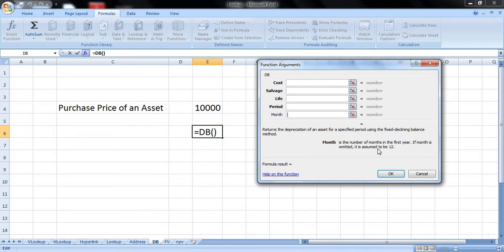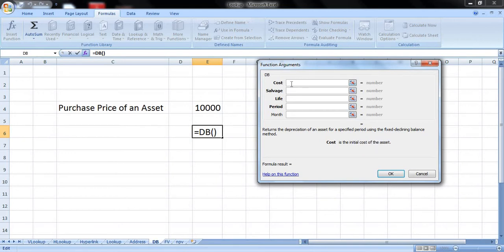Then in the first year I will have to consider only 6 months but not the whole year. In such cases, for the fifth argument, which is month, you can mention a particular value. If you have purchased a product after 6 months of the financial year, then in the DB function you will have to mention 6 months for the first year. If not, you can leave it blank if you don't wish to consider this.